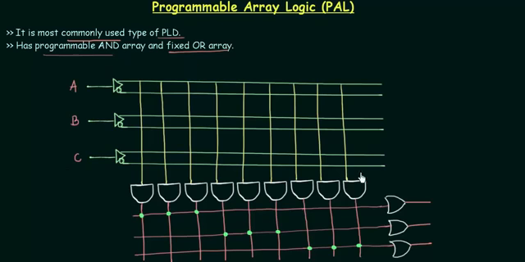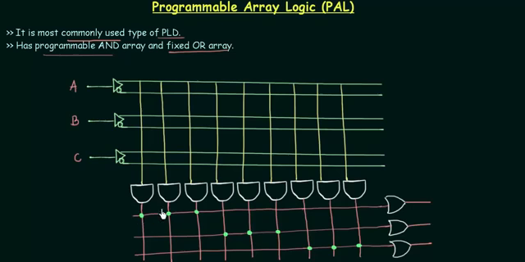So you can see here, this is the PAL, a common structure of the PAL, and actually this is the last step that you have to do in the problems of the PAL, but I have shown it to just give you a feel of what a PAL is. We will do a stepwise solution of the PAL. First, I will explain something in this structure. You can see there are three AND gates, this one, and this one, which are fixed to this OR gate. This dot shows that it is fixed.